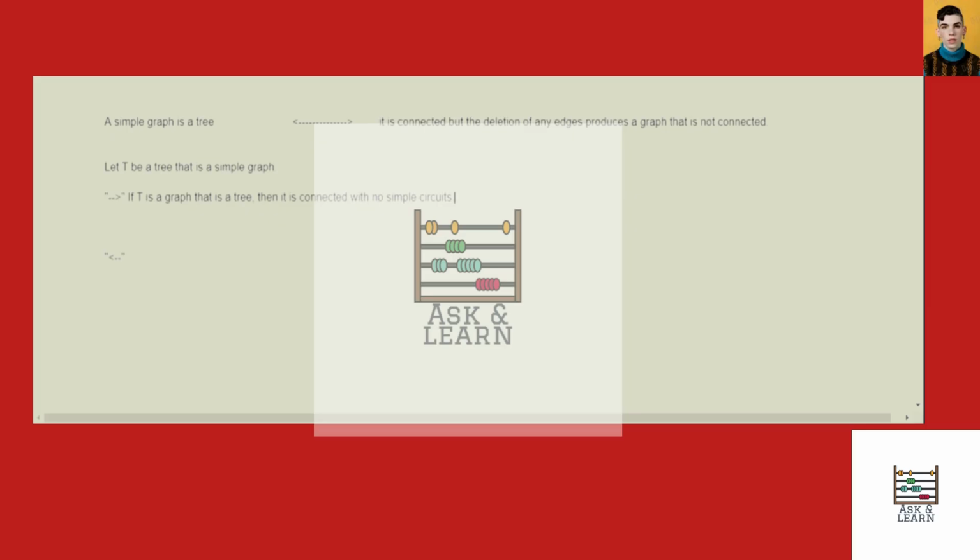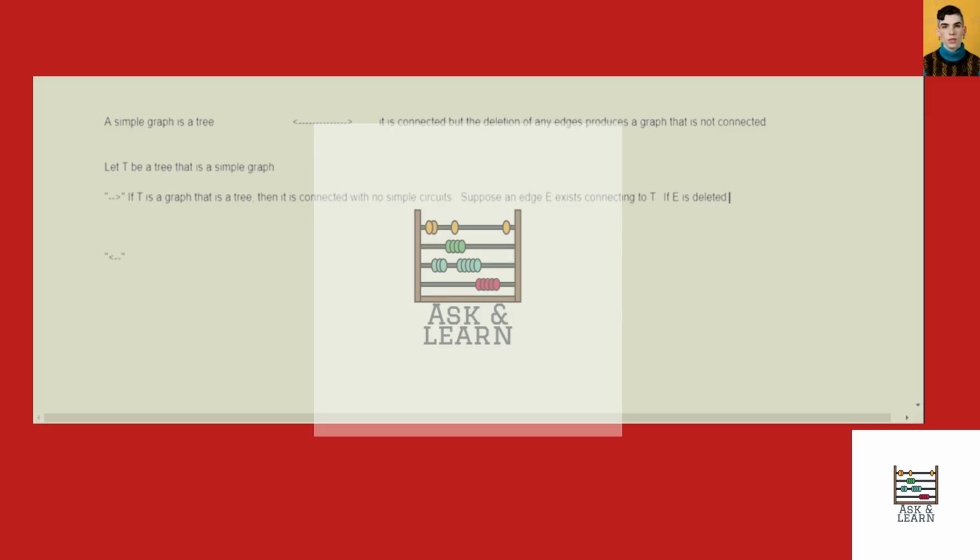Now, what I want to do is throw in another edge. So we're going to say suppose an edge E exists in T. What I want to do is put in what happens if E is deleted, so I want to put a negation here.